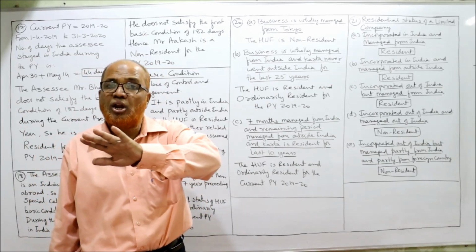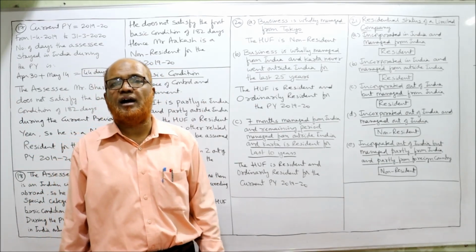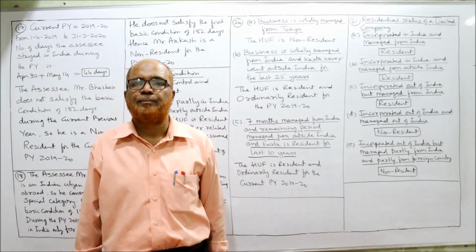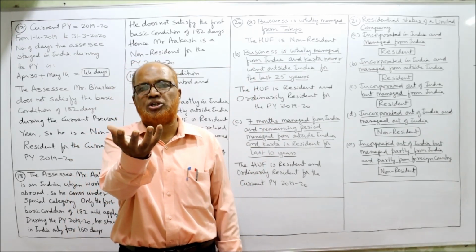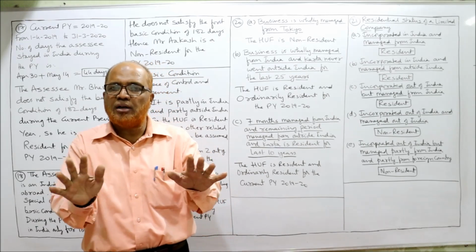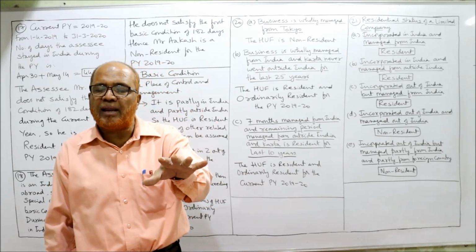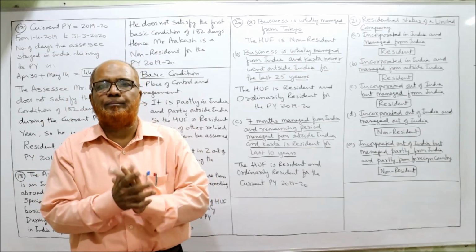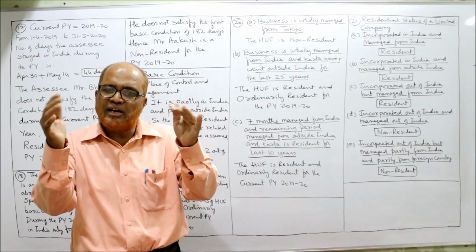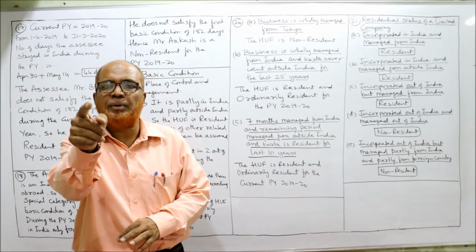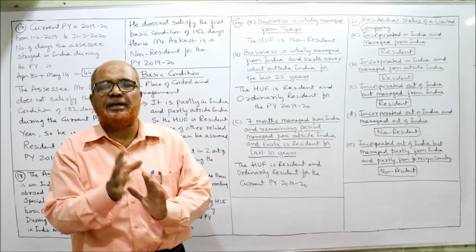Now for the companies which are not incorporated in India, incorporated outside India, we have to see the control and management. If a company is not incorporated in India, but control and management is wholly in India, then only it will become a resident company.